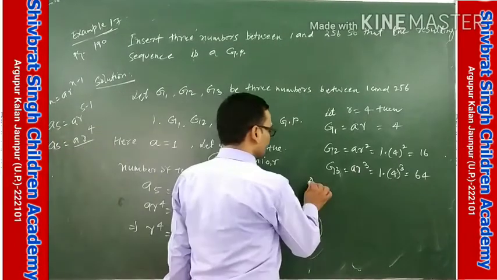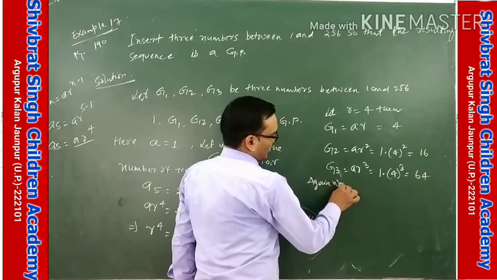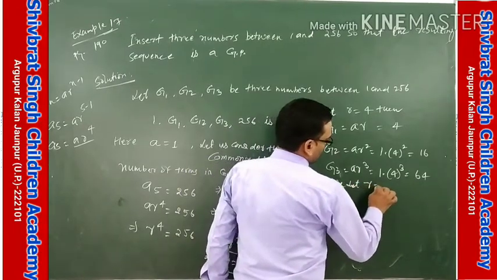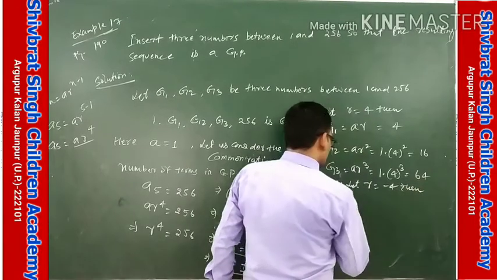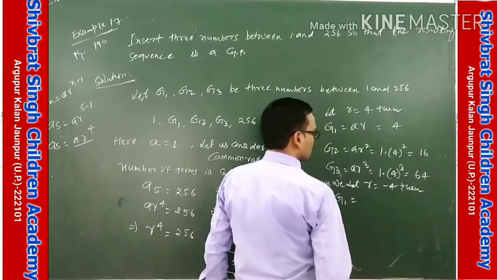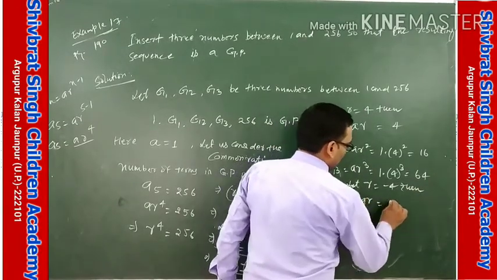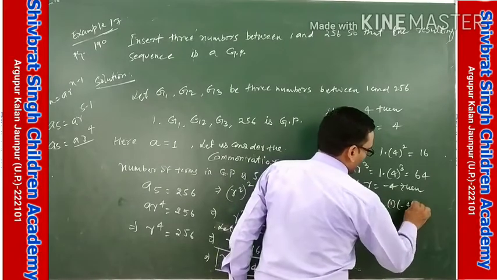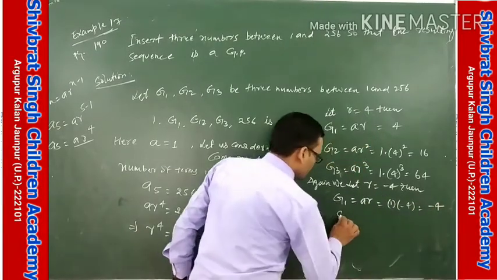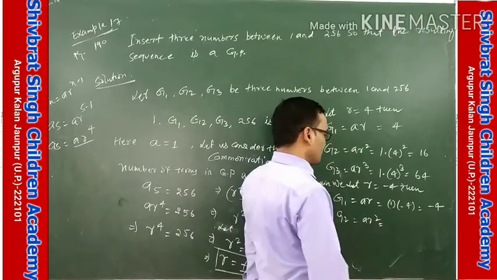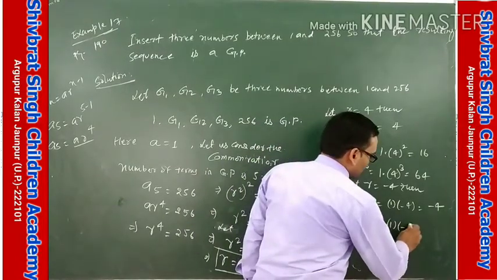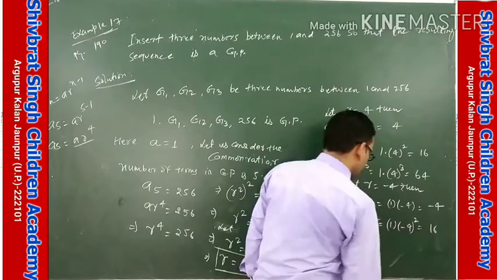Again, we let r equal to minus 4, then G1 equal to ar, that means 1 multiply minus 4 equal to minus 4. G2 equal to ar square, that means 1 multiply minus 4 whole square, that means 16.